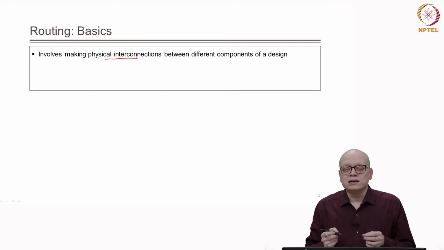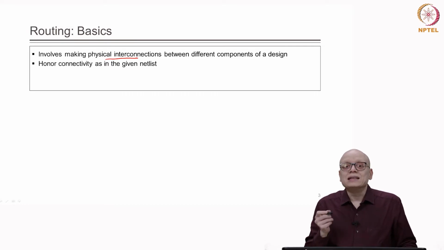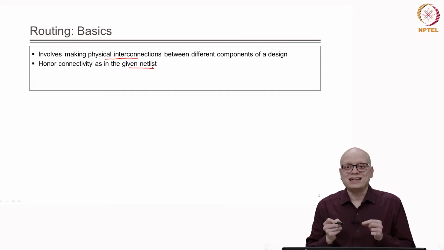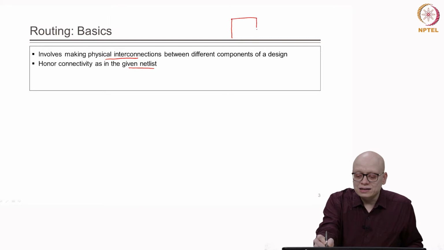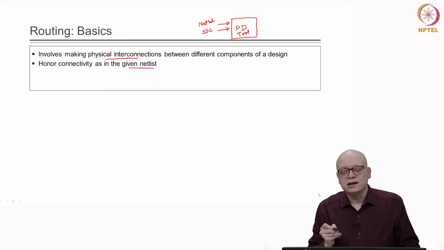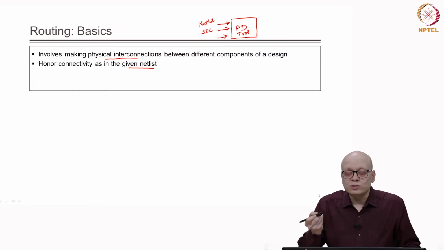These components are connected using nets in the net list. Using the information in the given net list, the connectivity of the components is defined in the net list that we started with. Just to recap, in physical design, the physical design tools take as input the net list, then the SDC file in which the constraints of the design are there, and also the information about the libraries.